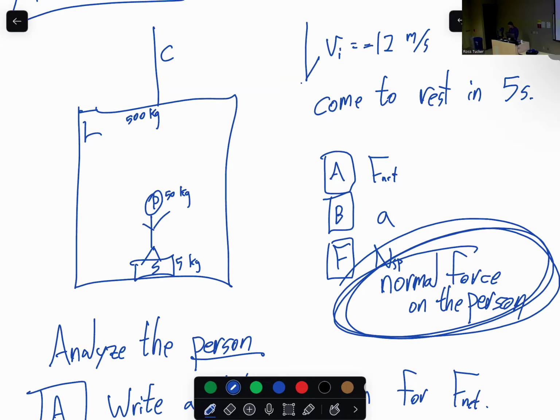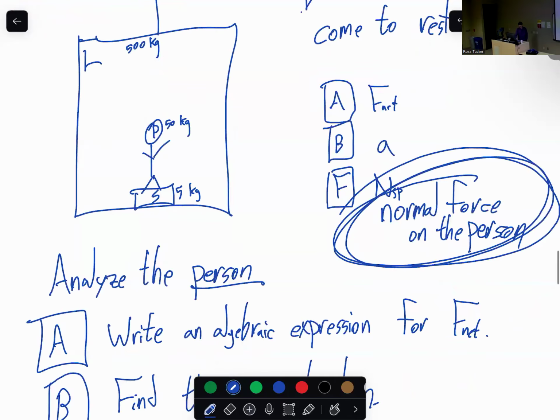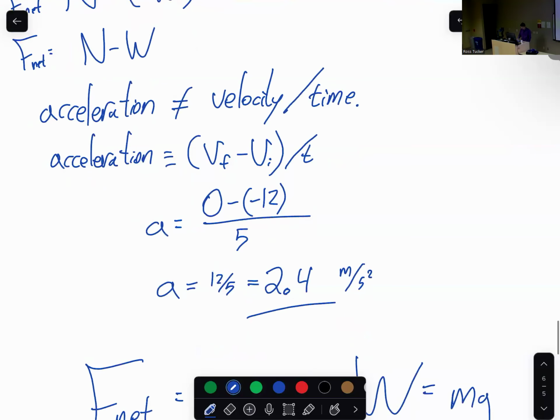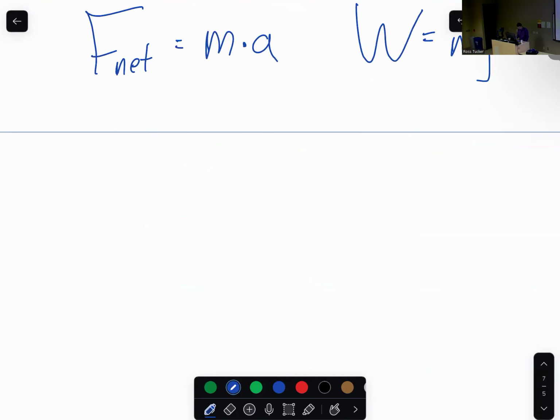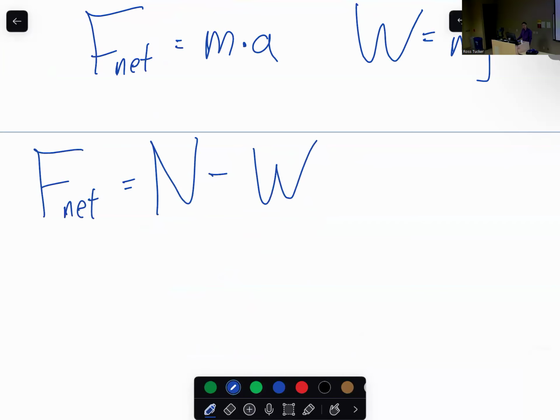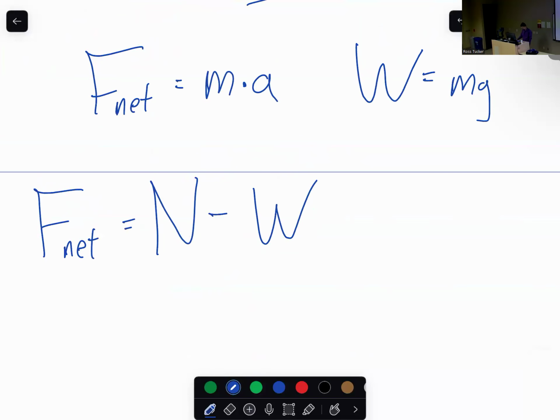Next question, if I'm explaining hints, write it on the board. Okay, here we go. We have solved for net force. We have an algebraic expression: normal minus weight. We have Newton's second law, F equals ma.